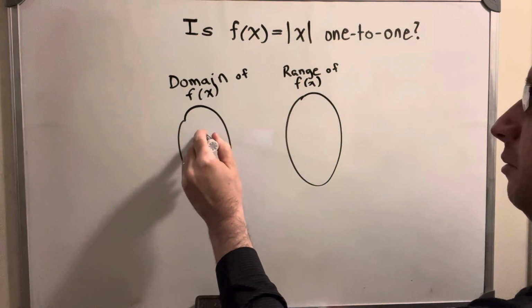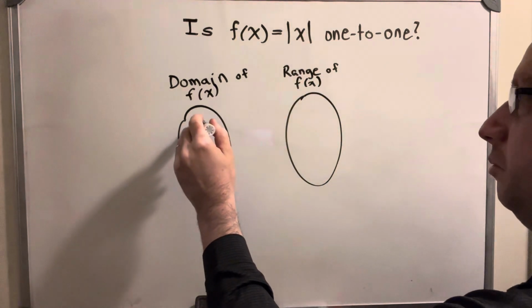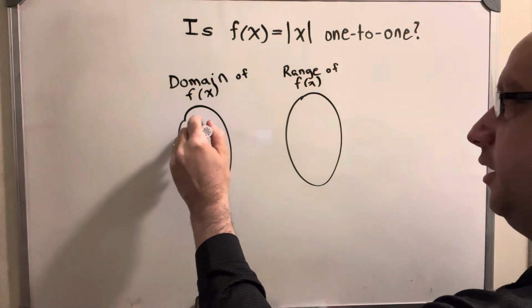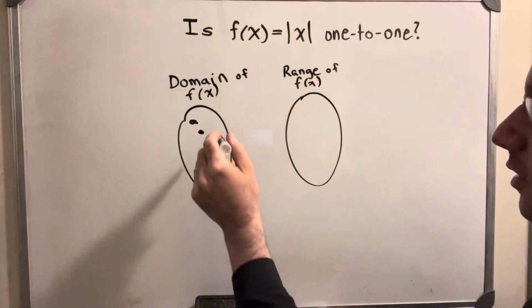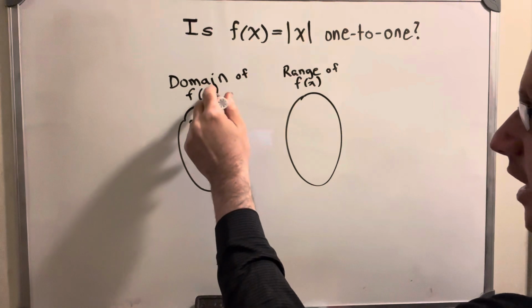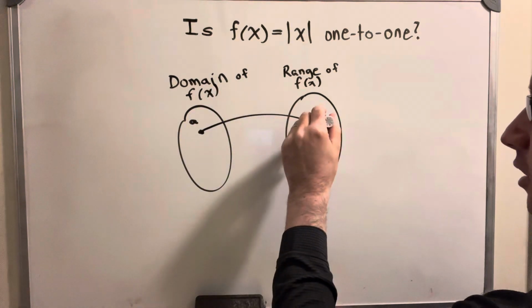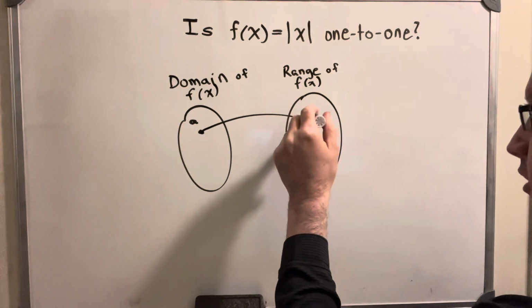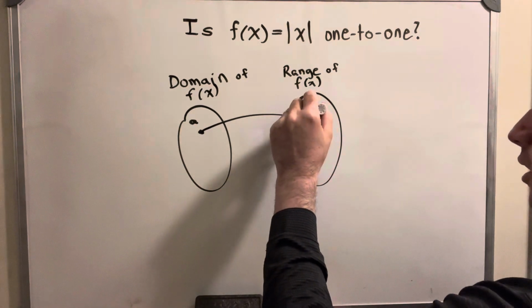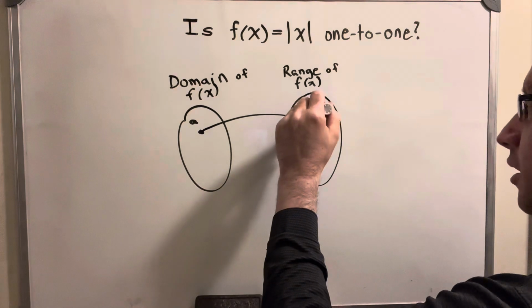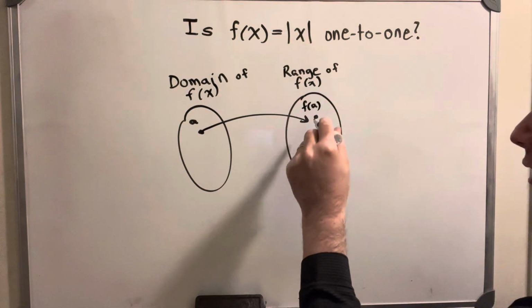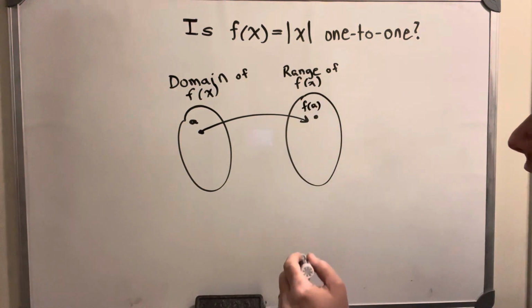And if this is some value, we'll call it a, then when you plug a into the function, you get some other, well, not other, could be the same exact value, but you get some output, f of a.